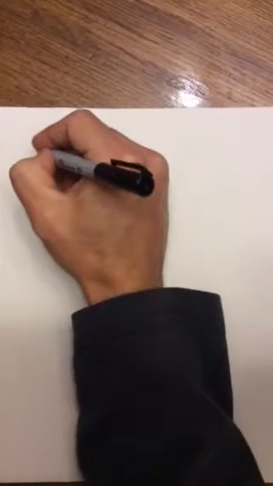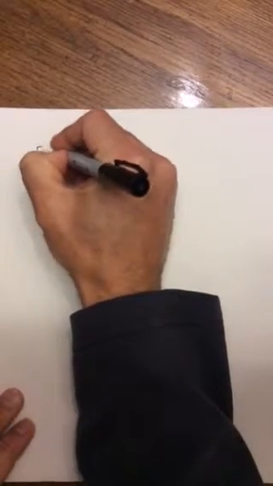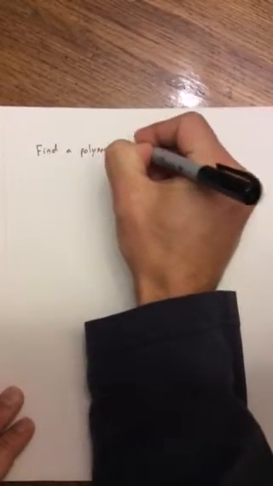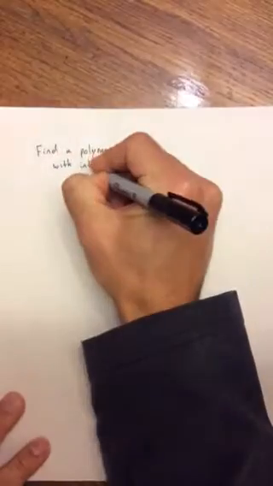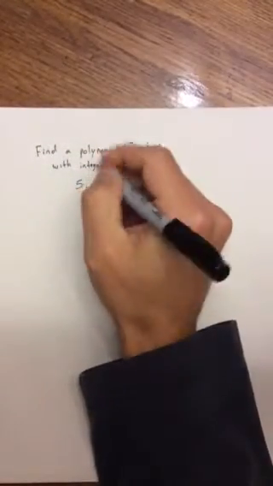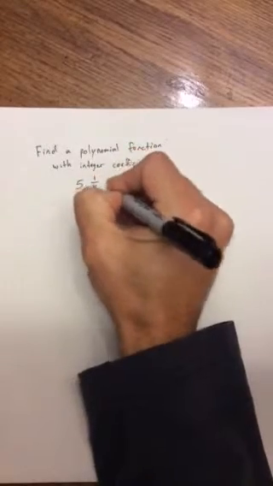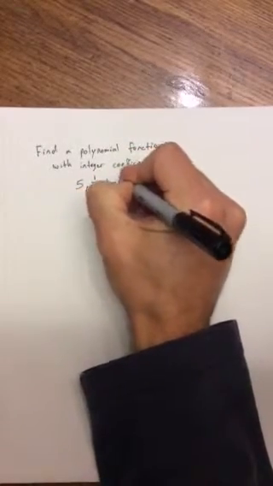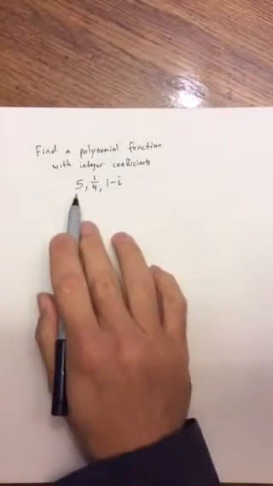But the last thing I want you to do is, if you need to find a polynomial function with, I believe, integer coefficients, okay? So if you're given 5, you're given 1/4, and you're given 1 minus i, well, that appears to be 3 zeros.